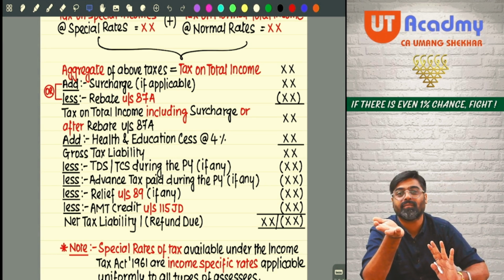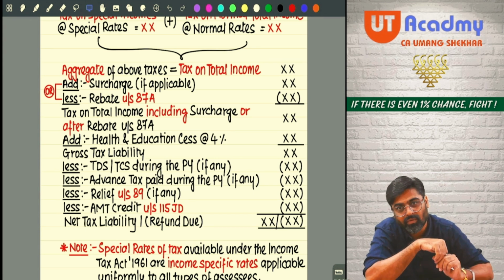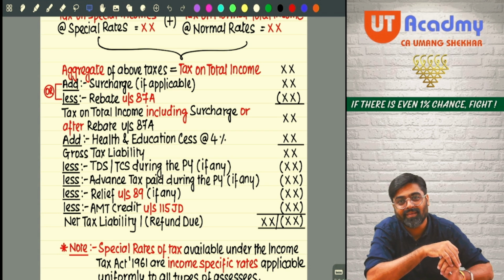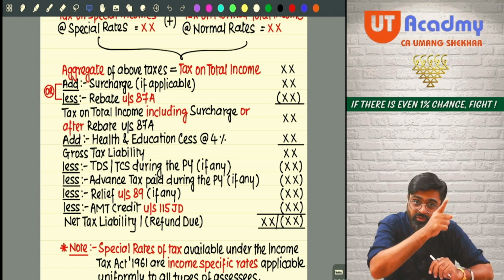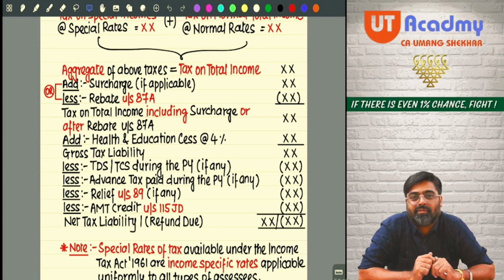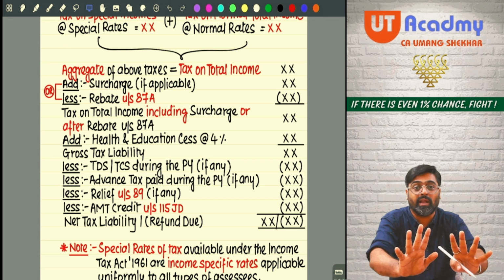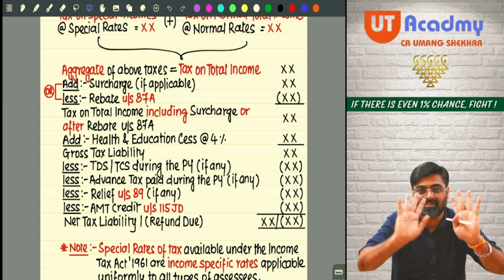In all our cases, did marginal relief come? No. In the first two cases it came. But in the last case, even though surcharge was applicable, we did not get any marginal relief. But this concept of marginal relief you will talk about only if you are applying surcharge.